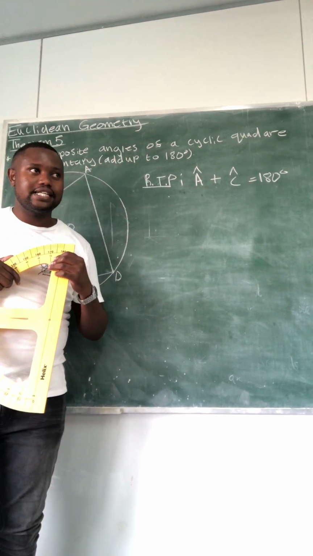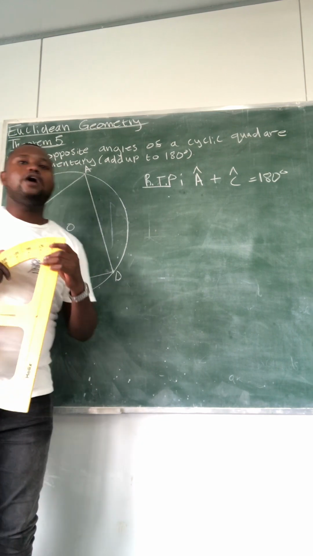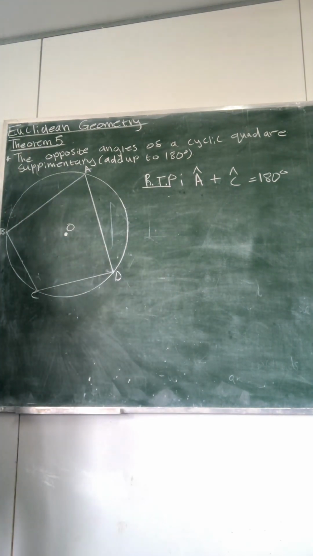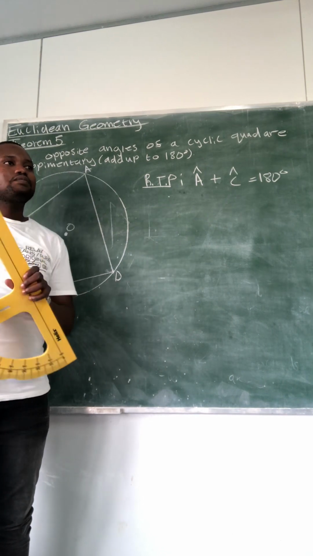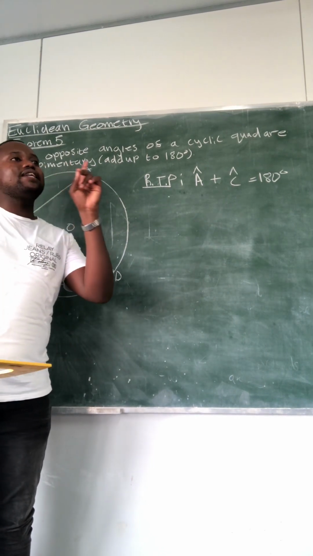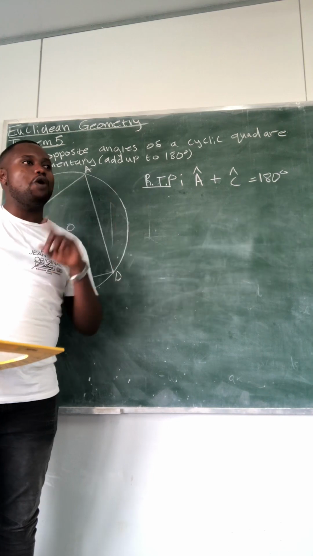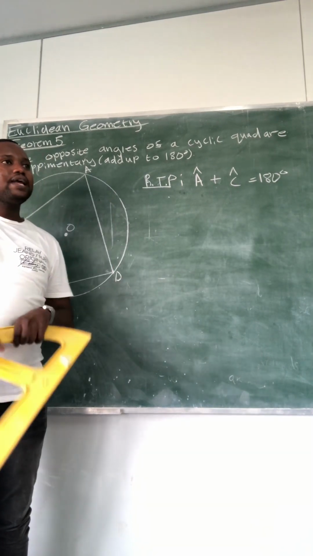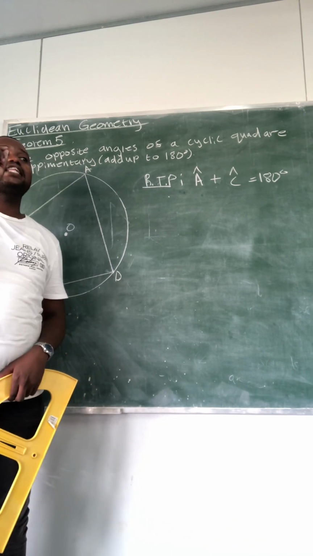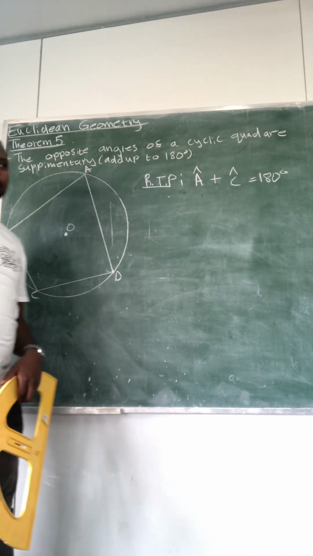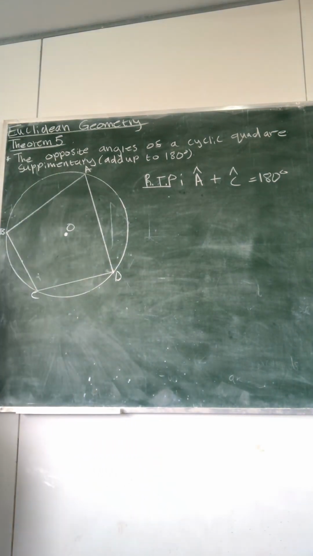A cyclic quadrilateral. Okay? So now the first property of cyclic quadrilaterals tells us that the opposite angles of a cyclic quadrilateral are what? Supplementary. Meaning that when added together, they shall add up to what? 180 degrees. So we are to prove that theorem.